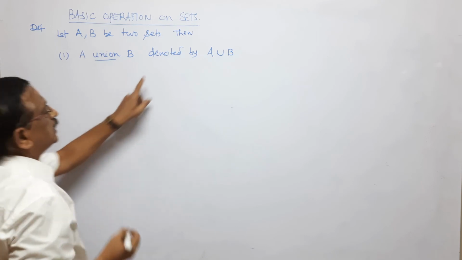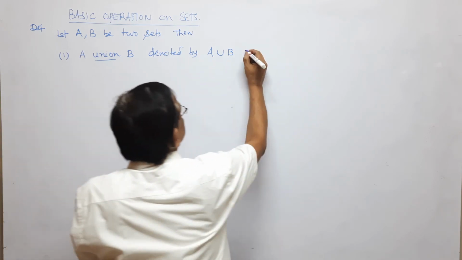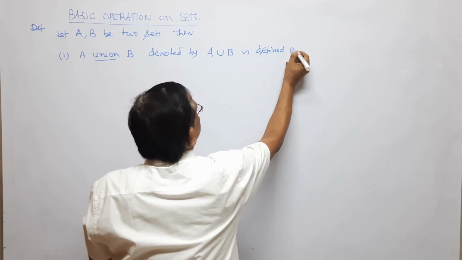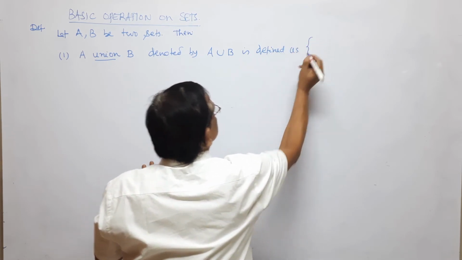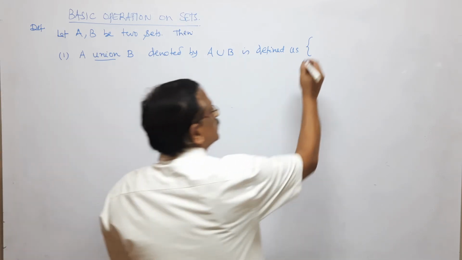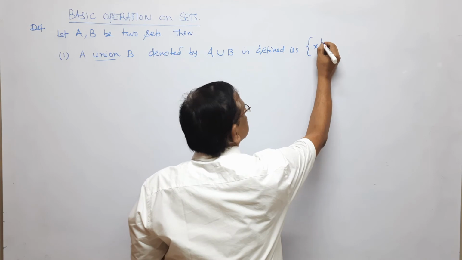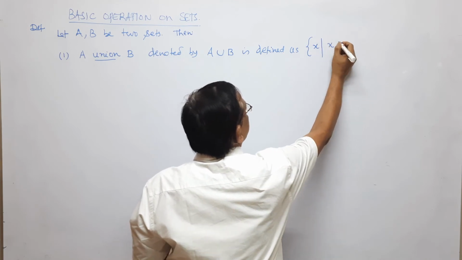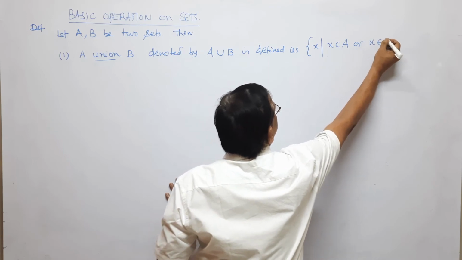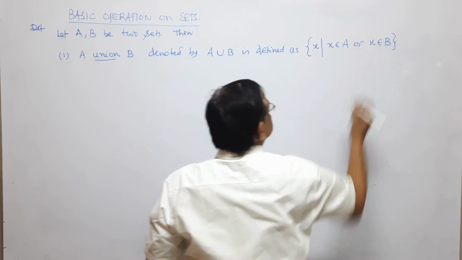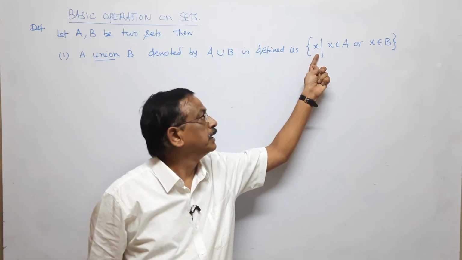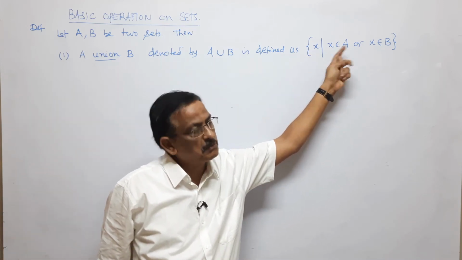A union B is defined as, now I'll use the set builder form, the set of all x such that x is in A or x is in B. That means given any element, either it should be in A or in B.